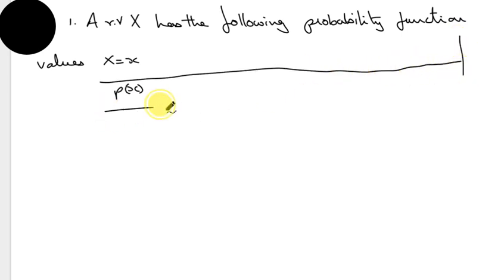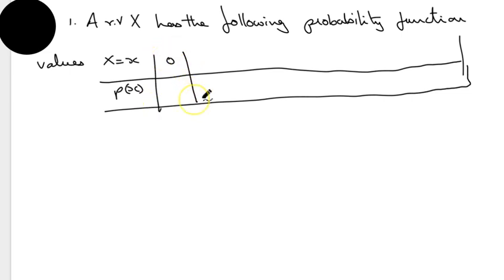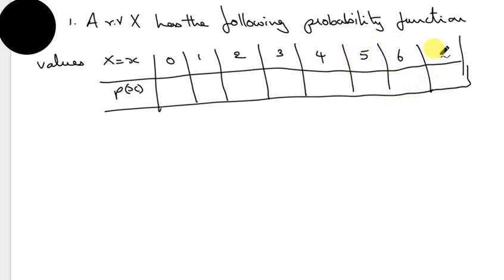The value of x runs from 0 to 7, so you will have 0, 1, 2, 3, 4, 5, 6 and then 7. The corresponding probabilities are 0, k, 2k, 2k, 3k, k squared, 2k squared, and 7k squared plus k.